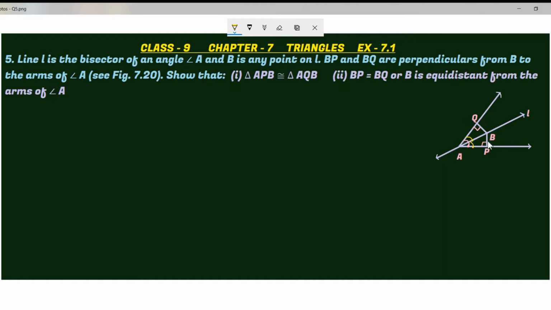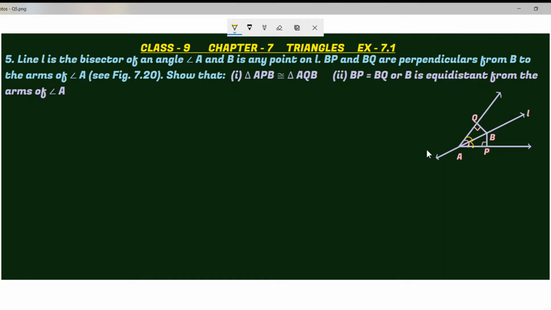BP is perpendicular to this arm, so this line and arm will make an angle of 90 degrees. This is also perpendicular to this arm, so this will also be 90 degrees. So these two angles are 90 degrees each.